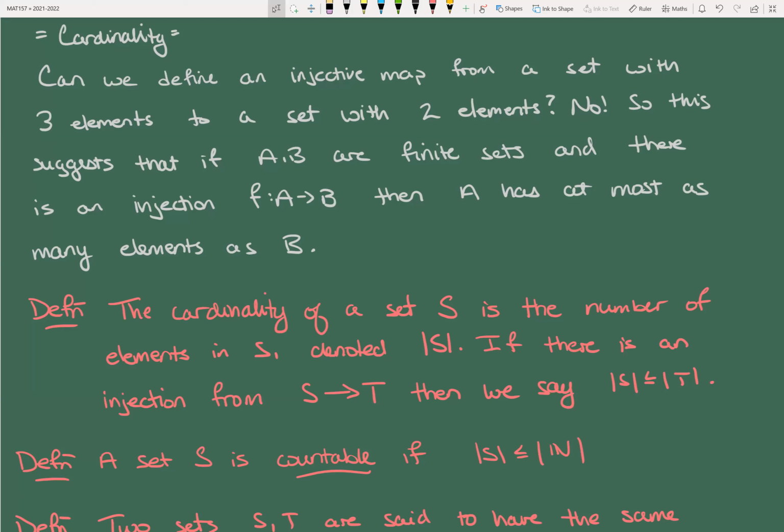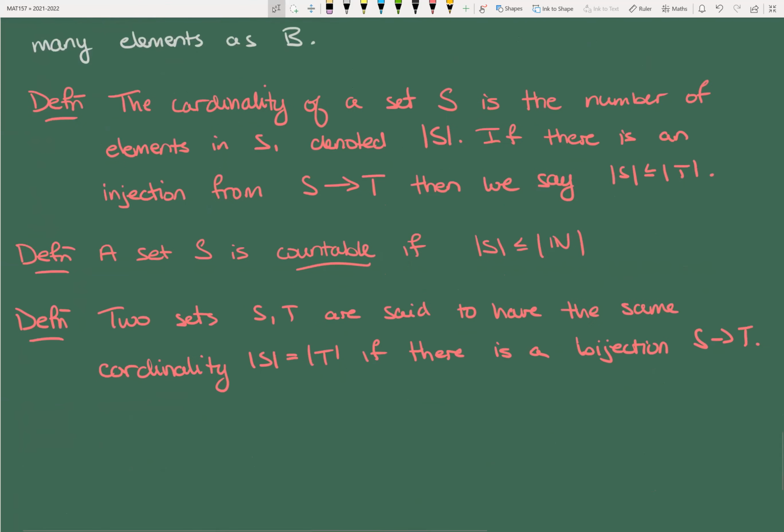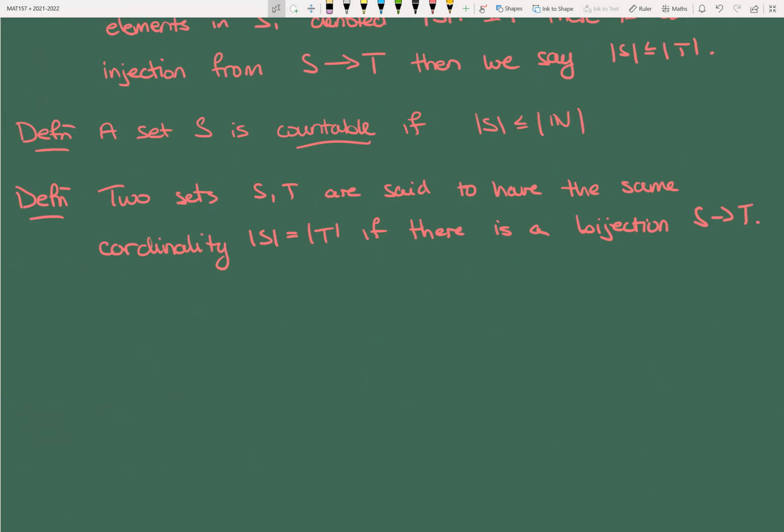The only way for both to be true at the same time is if I'm both injective and surjective, i.e. bijective. So bijective sets have exactly the same number of elements. This allows me to compare the cardinalities of 2 different sets. Everyone's okay with that?